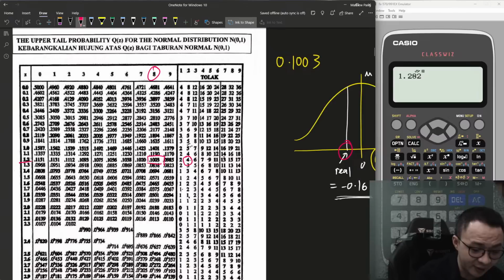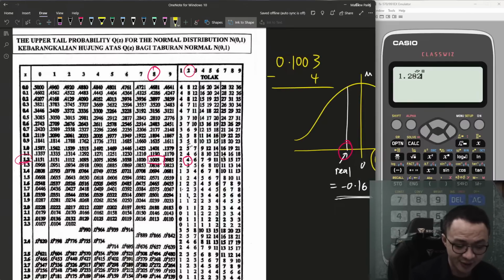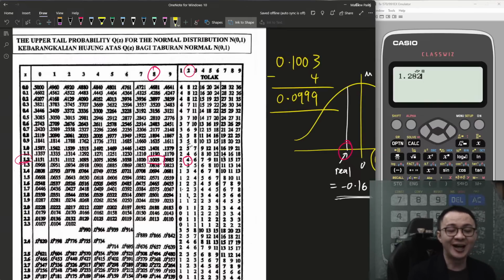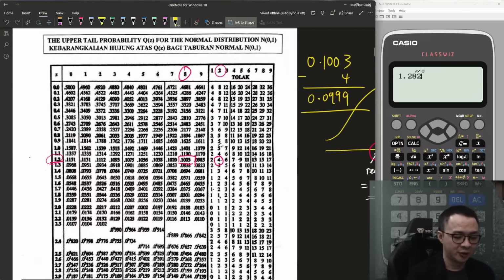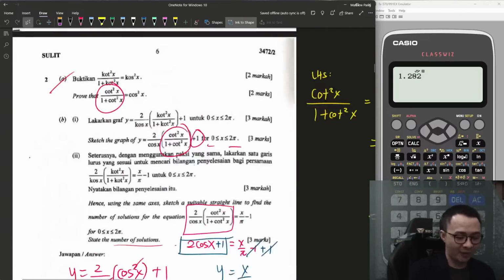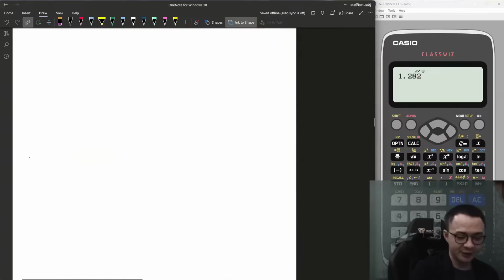So that means this one you need to minus a 4 as the last digit. If you minus, you should get 0.0999, isn't it? Yeah, this is how I get it from the table. Okay, I hope this will help the student. Okay, got it.